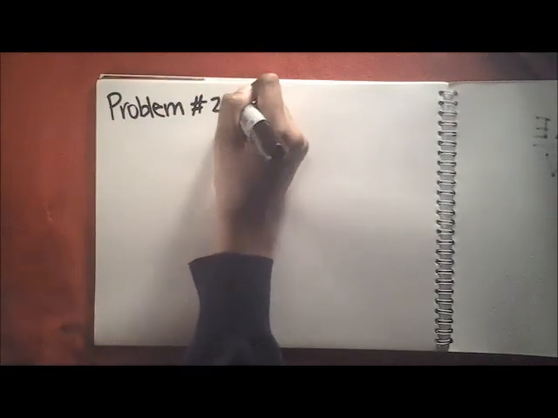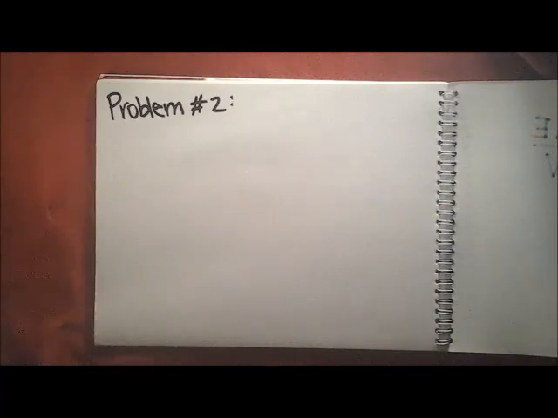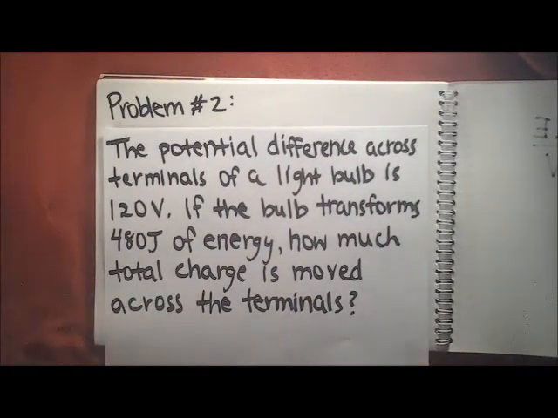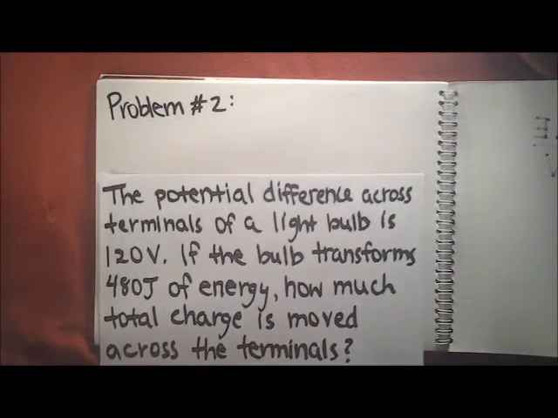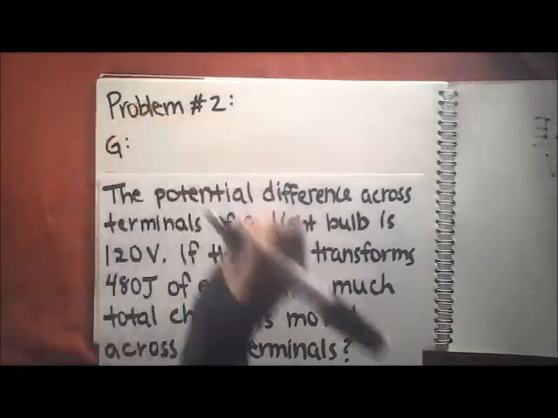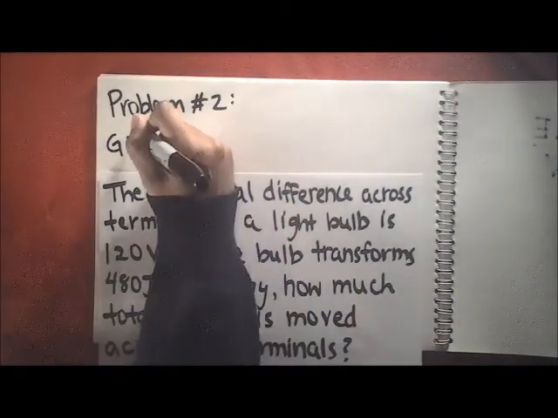Now we can start on our second problem. The potential difference across terminals of a light bulb is 120 volts. If the bulb transforms 480 joules of energy, how much total charge is moved across the terminals? So, just like in the first problem, we start off with writing down what is given to us.